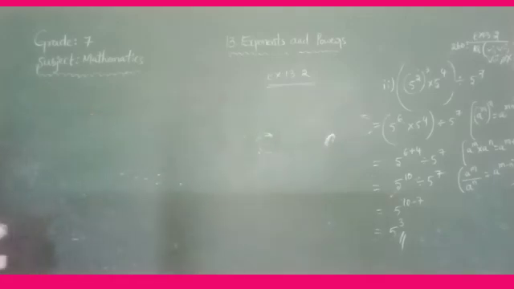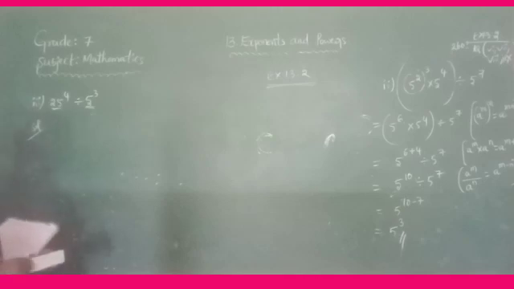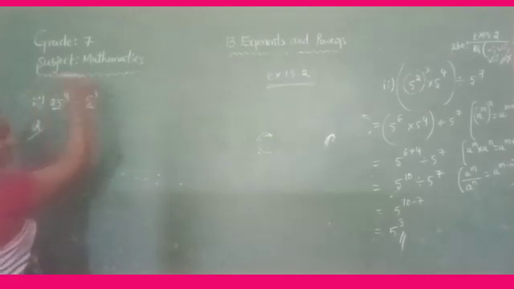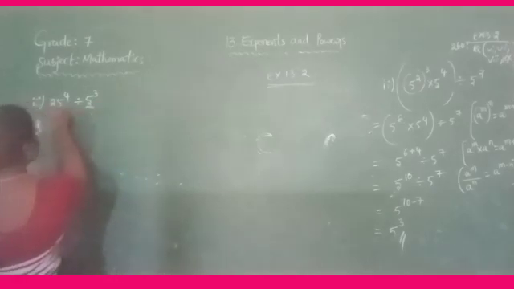Okay, see third one. 25 whole to the power of 4 divided by 5 cube. Here 5 is the base, here base is not 5. Then at that time what you have to do? You have to convert this in the form of base 5.